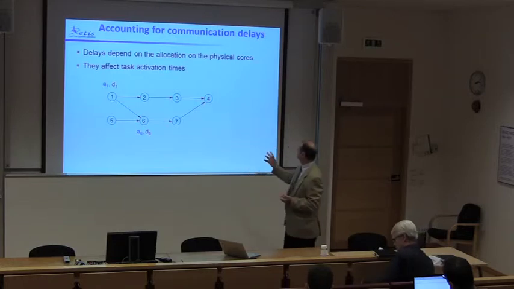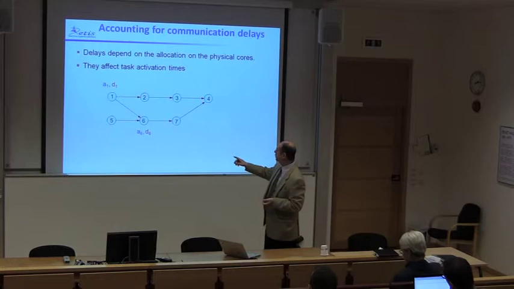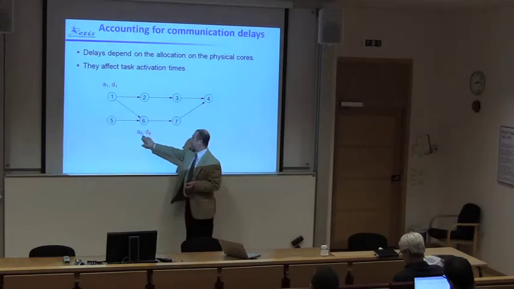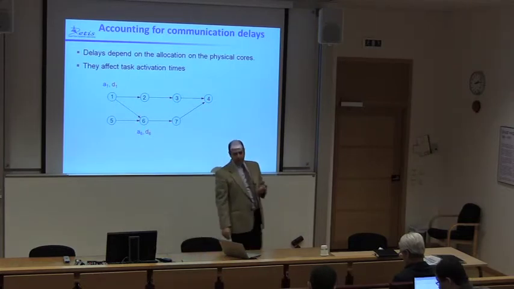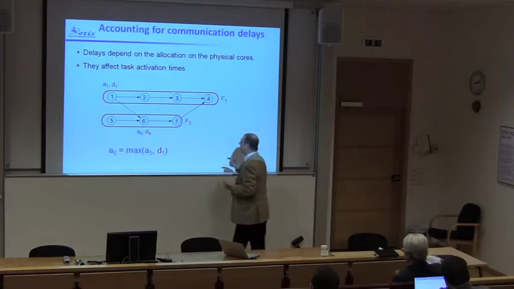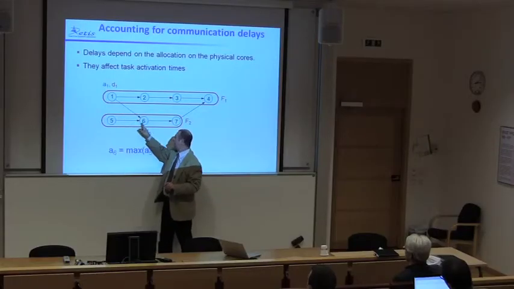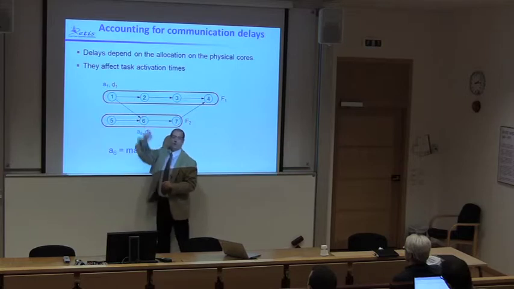So for accounting for communication delays, one method that you could use is to change the computation of the virtual activation time and the virtual deadline by considering also the communication delay. Suppose that this flow is allocated to a core and this flow is allocated to another core. Then, although here you can neglect the communication delay when you pass data, here you cannot.